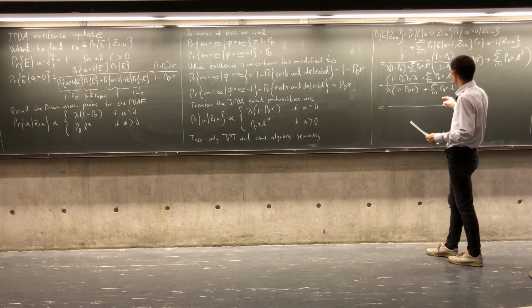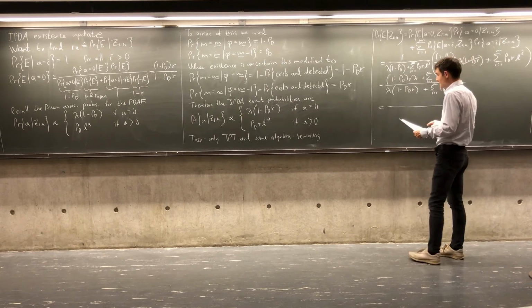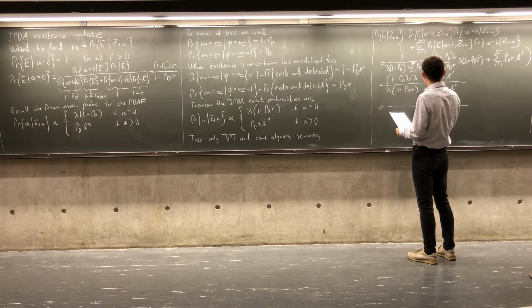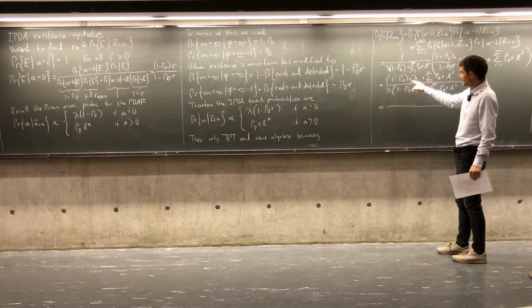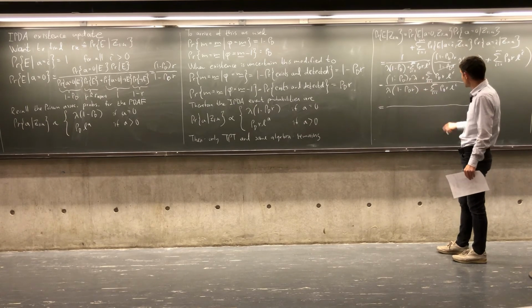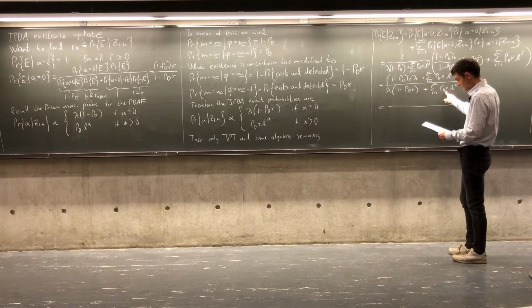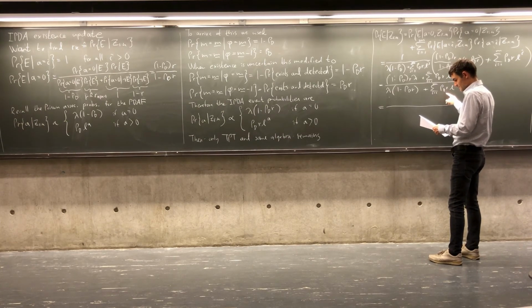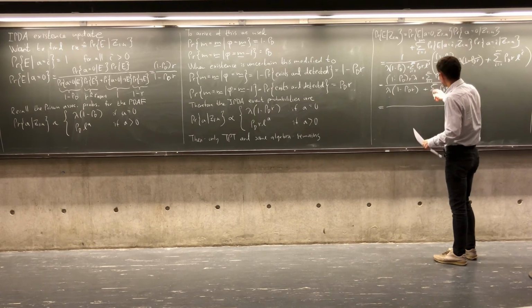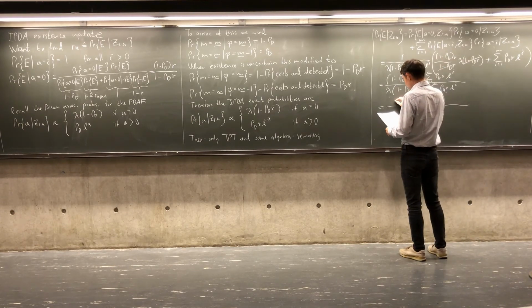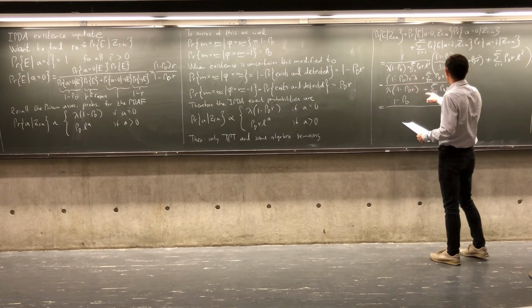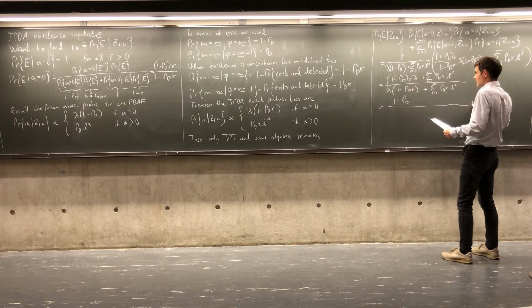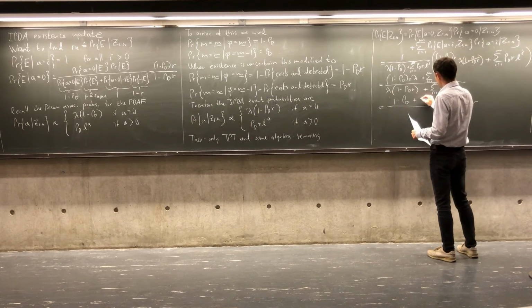I'm going to take these lambdas and put them over here by dividing by lambda both up and down. The PD I can take out of the sums. There are a few things like that. This R here, I can put outside of the whole thing. I'll just do that.